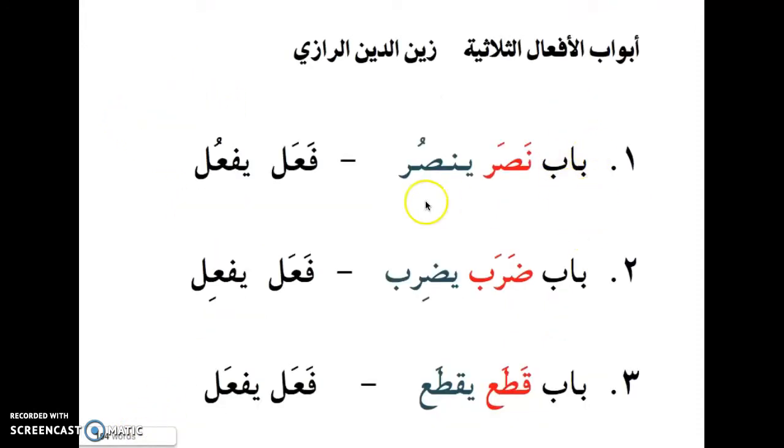Coming back to what I showed you in the corner: if it said bab nasara, this red one, nasar, that means this is the template for it. This is the past form template, and this is the present form. If it said daraba yadrib, this is the template for it.